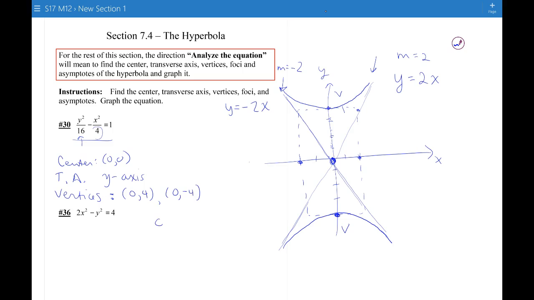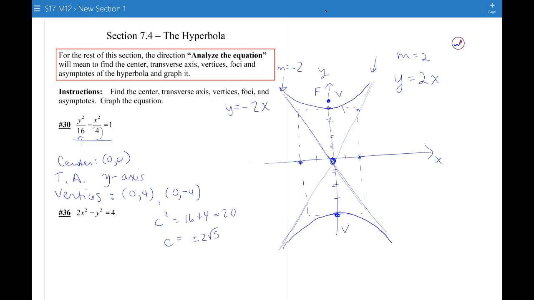So now let's see how we find the foci. C squared now is going to be the sum of the denominators, so the order of them doesn't matter at all. So C is going to be plus or minus 2√5, which is going to be between 4 and 5. So I know that 1, 2, 3, 4 gets me to a vertex, so I need to go a little farther to get to a focus.